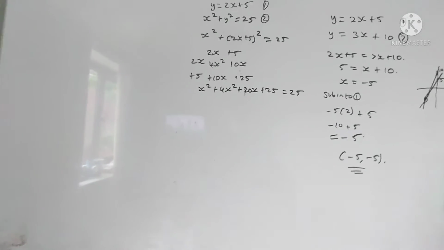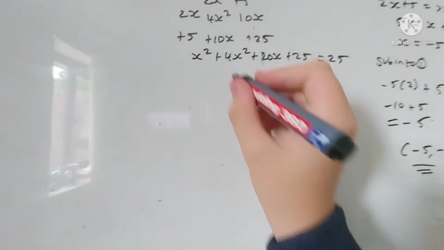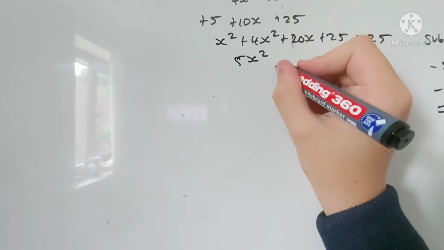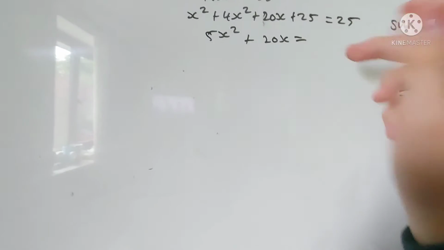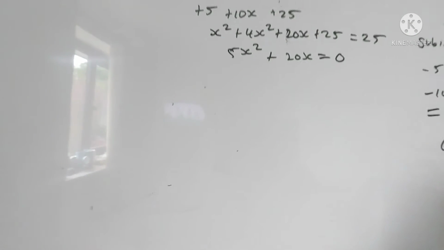Okay. Now, solving that even more, I can cancel this down, I get 5x squared plus 20x is equal to, take the 25 from both sides, equal to 0.